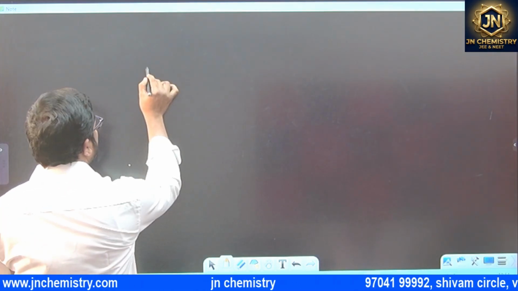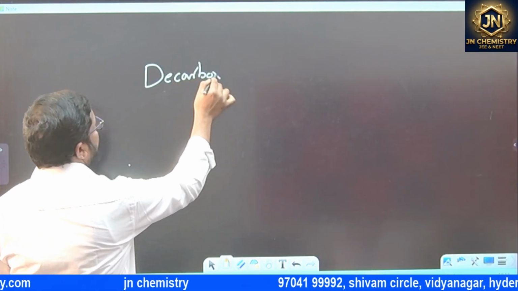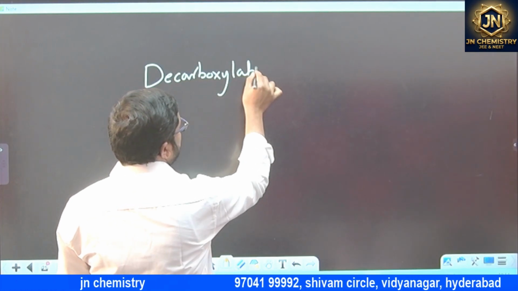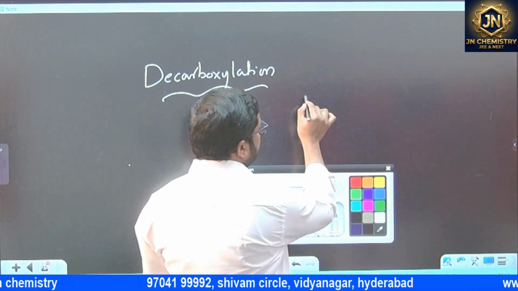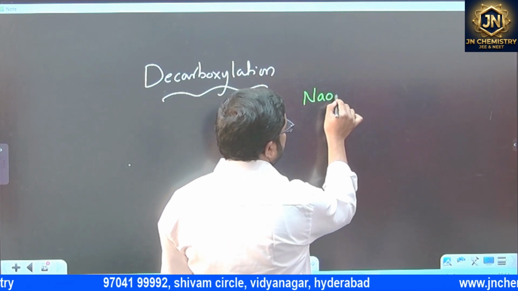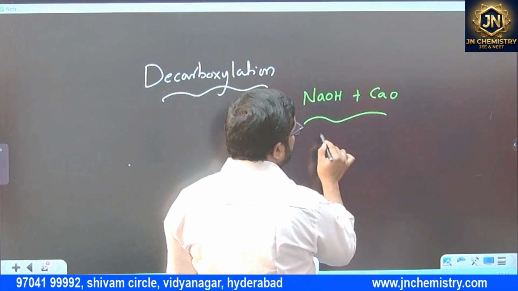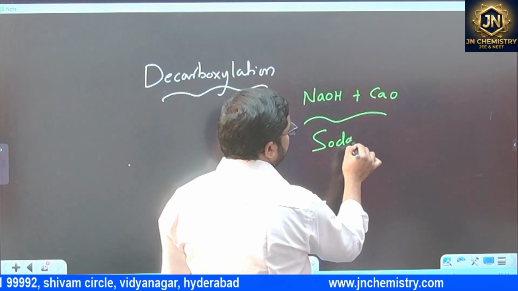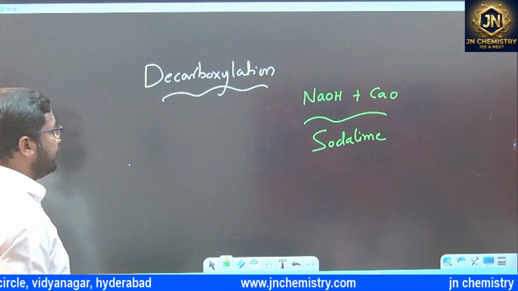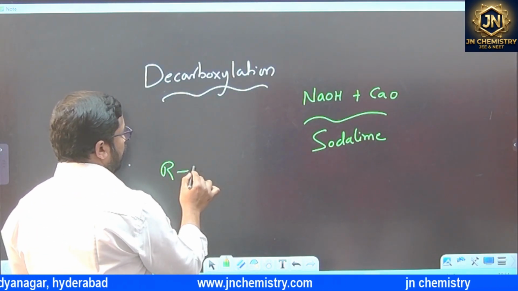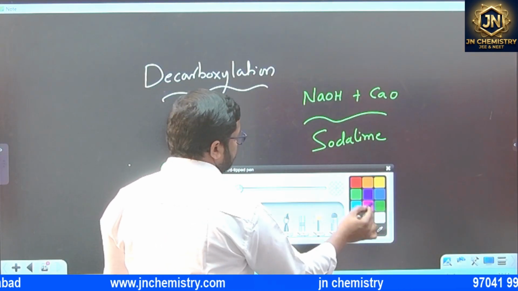Next now, decarboxylation. We are using the decarboxylating agent NaOH plus CaO, which is called soda lime. Good. Soda lime, or COOH, carboxylic acid.